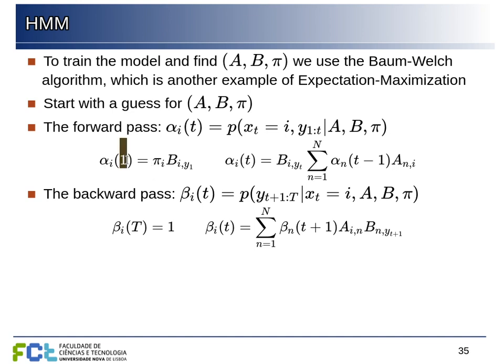Basically, we start at time 1 with each state using the pi value, the probability of starting at that state, multiplied by the probability of emitting the value that we observed at the beginning of the sequence if we are at that particular state.